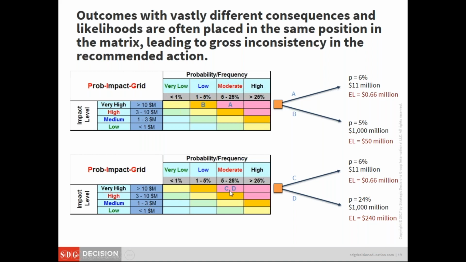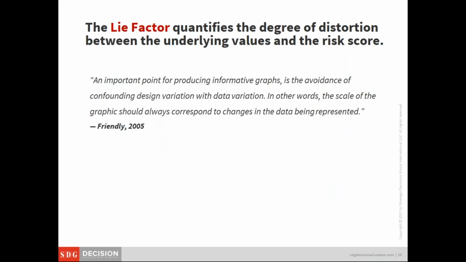Both of those would be within this cell, but again, I think it's obvious that these are very different. And this is happening because we've compressed the scales by so much, and how we changed the scale was not consistent from bucket to bucket. So it's a gross distortion of the underlying risks that we face.